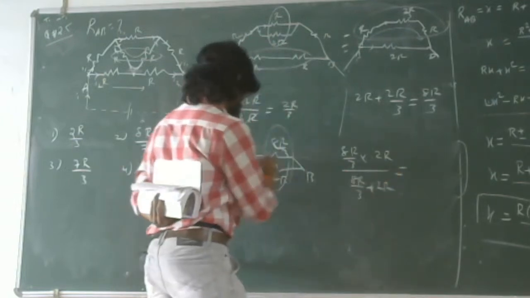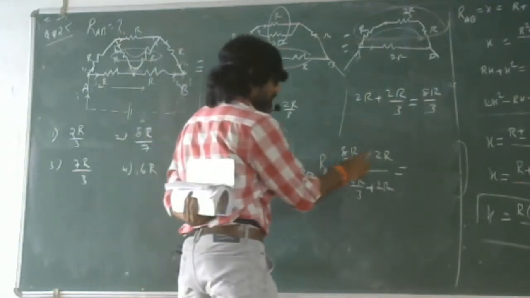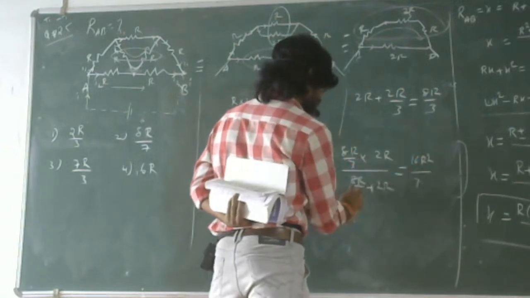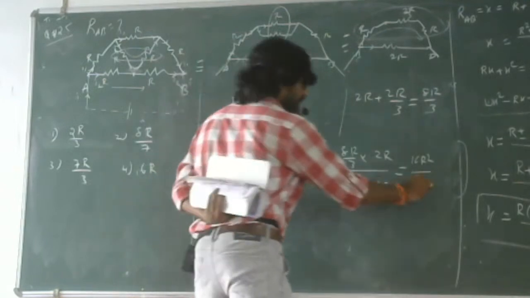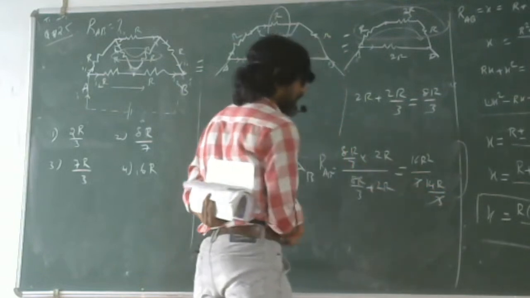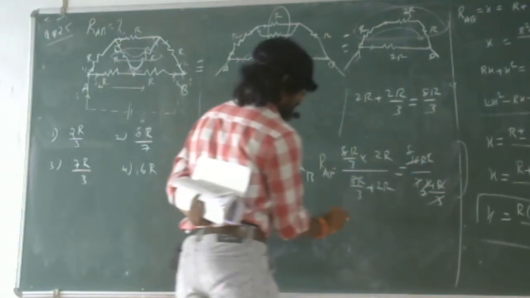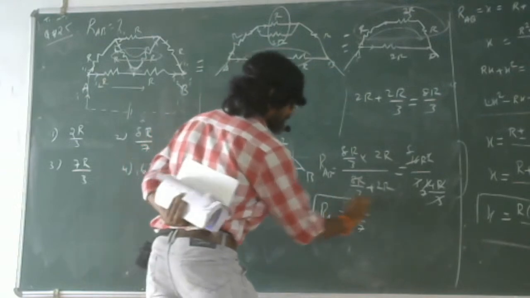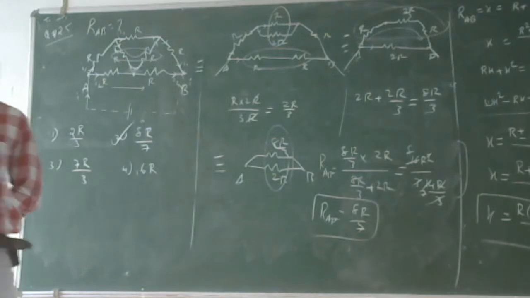This is 16R squared by 3, divided by 6 plus 8, 14, so 14R by 3. The 3 cancels, R cancels. So 2 8s, 2 7s, which is 8R by 7, is your effective resistance. 8R by 7. Got it?